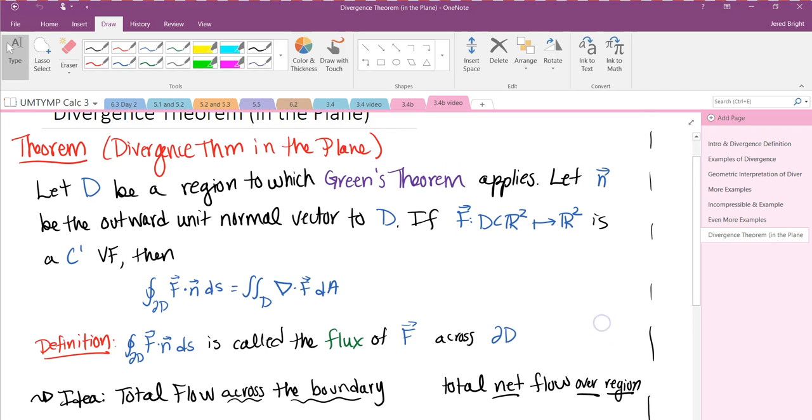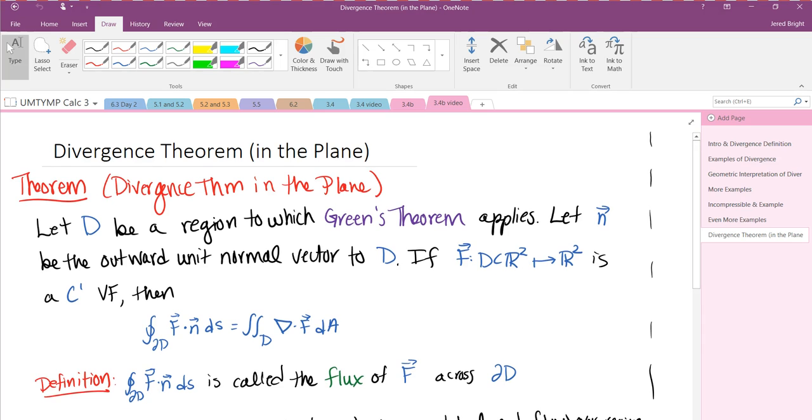And in particular, the total net flow across the boundary, we think of as the flux. This idea of flux comes up in electric fields all the time, and in magnetism. So whenever you take physics, know that this is actually how they're computing flux.